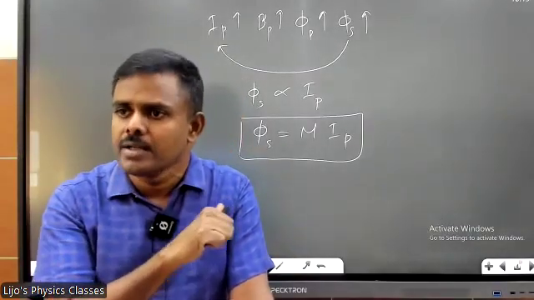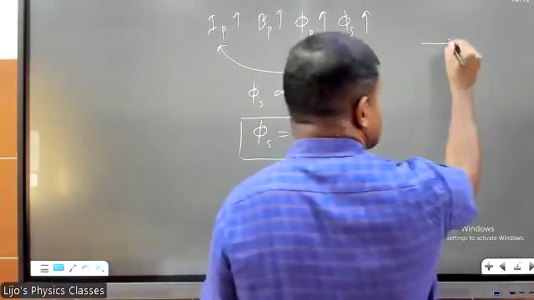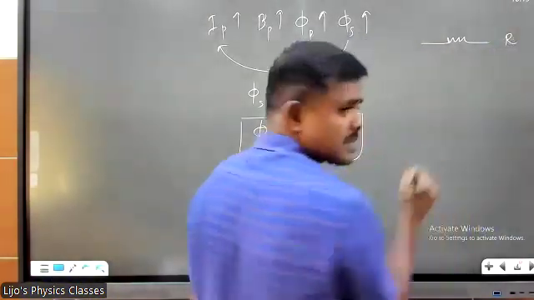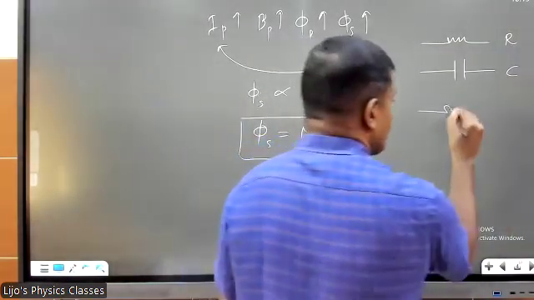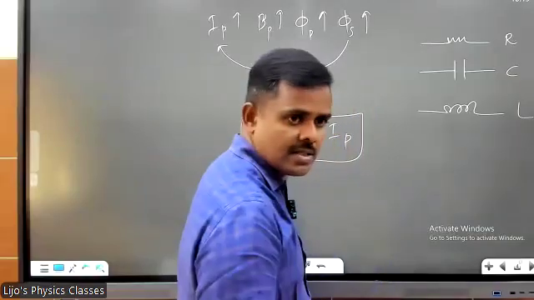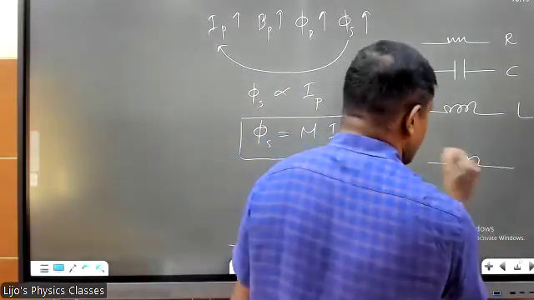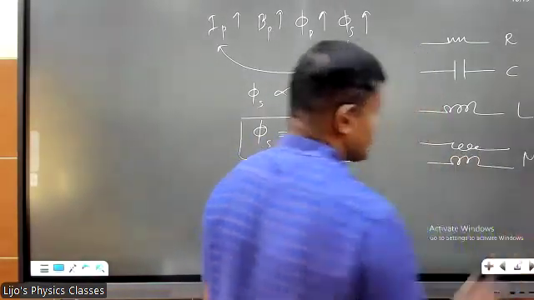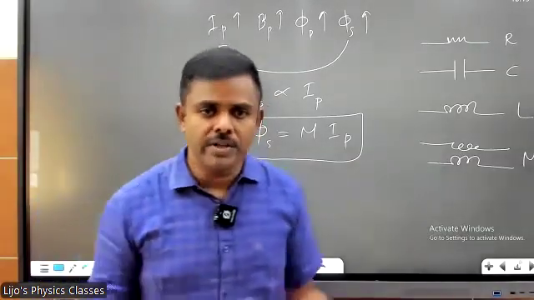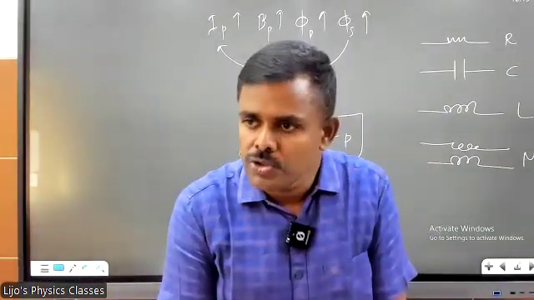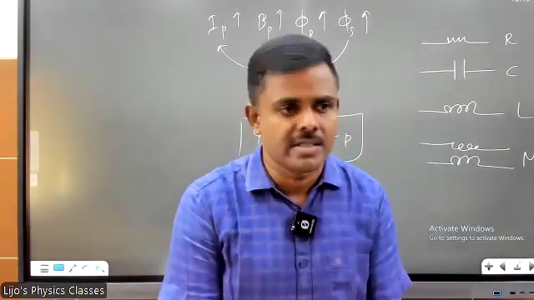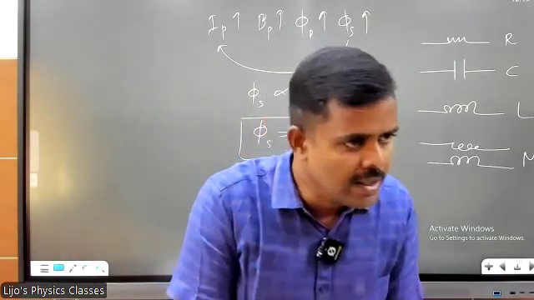A resistor has a resistance, a capacitor has a capacitance, one coil has self-inductance. Two coils together will have mutual inductance. Whenever you keep two coils side by side, they'll have a chance of mutually interacting, mutual inductance.